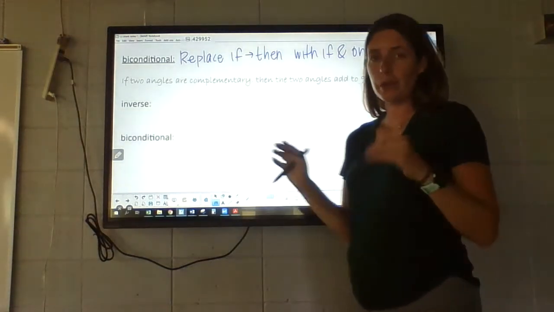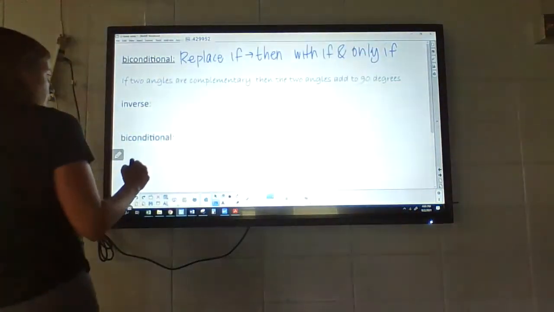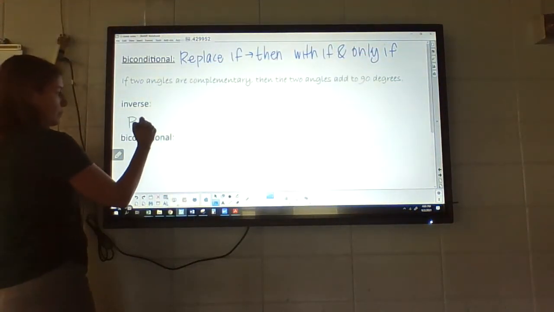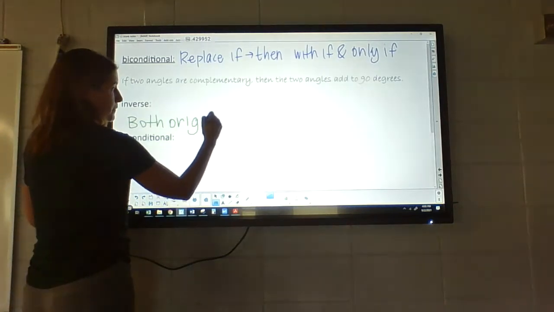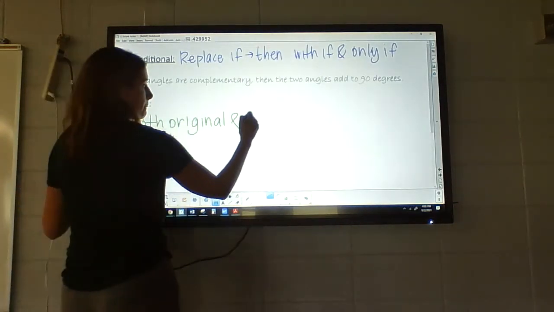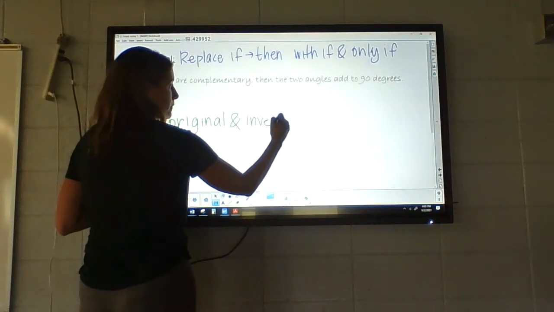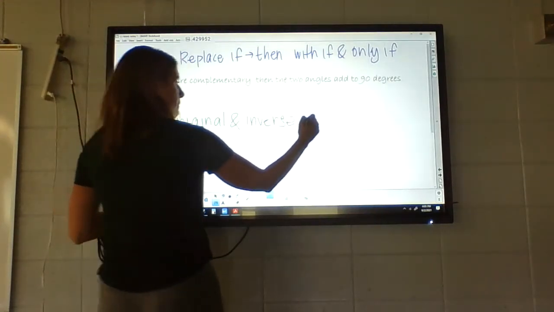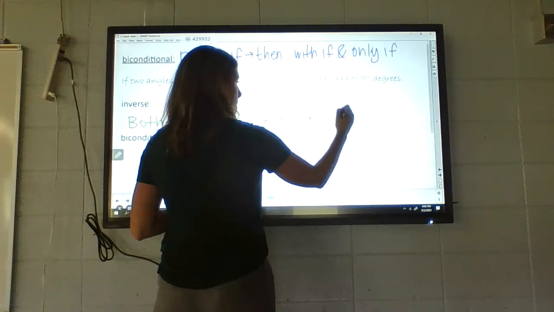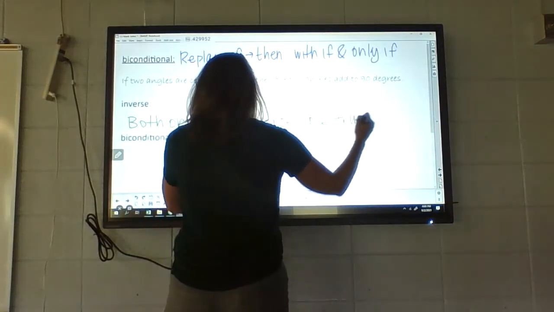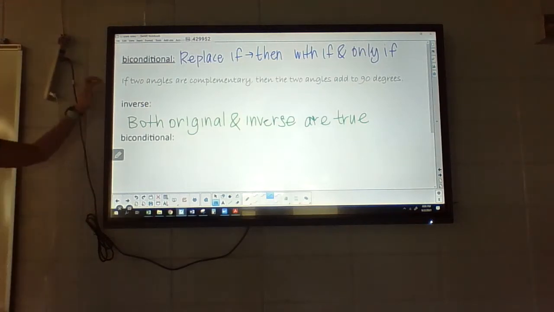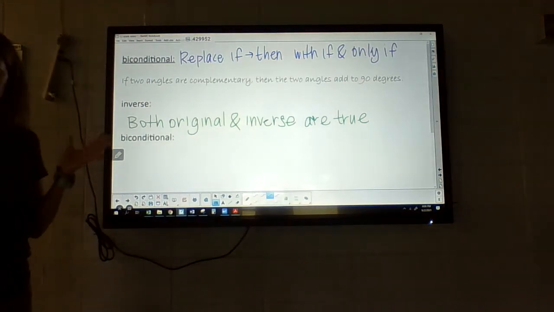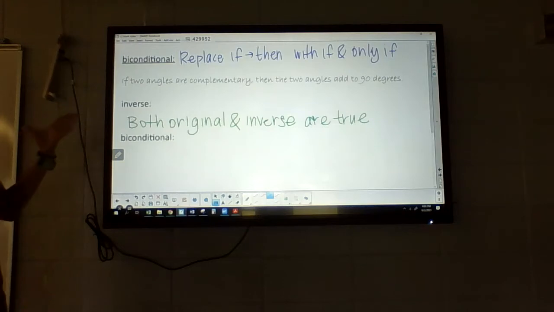So both the original and the inverse must be true. So the original statement: if two angles are complementary, go back to geometry, complementary angles, that means they add to 90 degrees. That's a true statement.